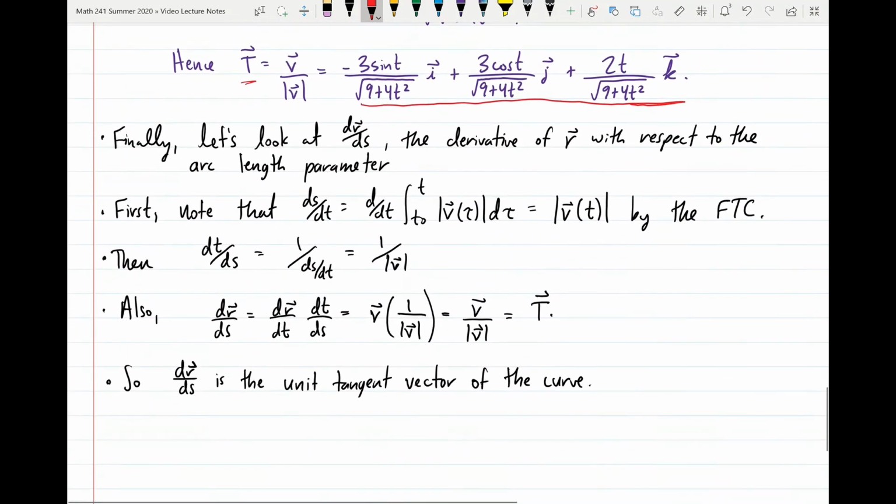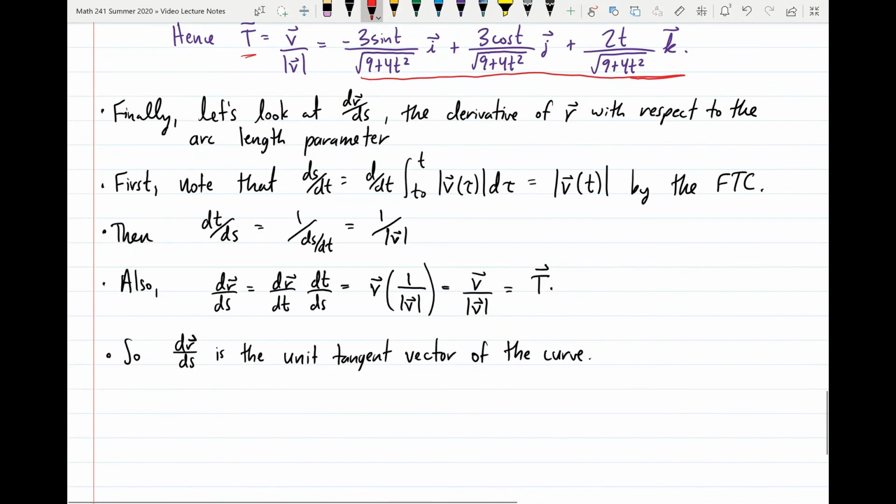Okay, and the last little tidbit for section 13.3, let's look at the derivative of our curve r with respect to s as opposed to with respect to t. So we already said that we can parameterize the curve with respect to the parameter s as opposed to the parameter t. Let's see what happens if we take the derivative of our curve with respect to s.